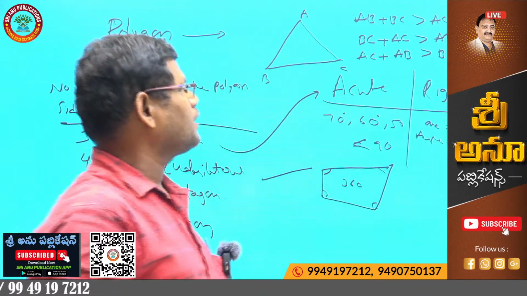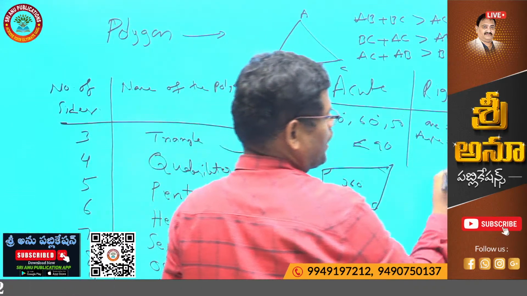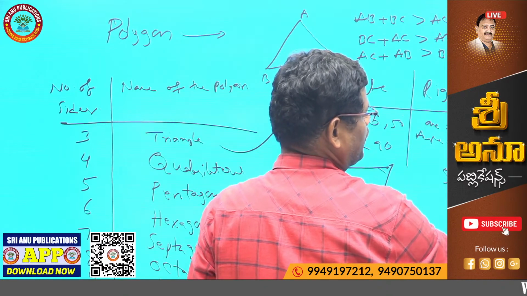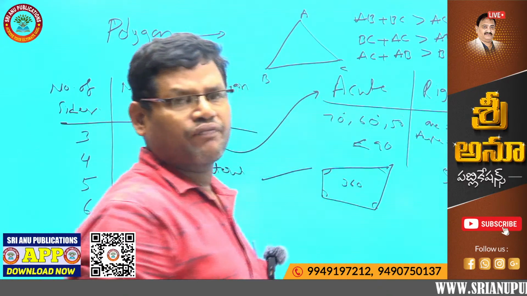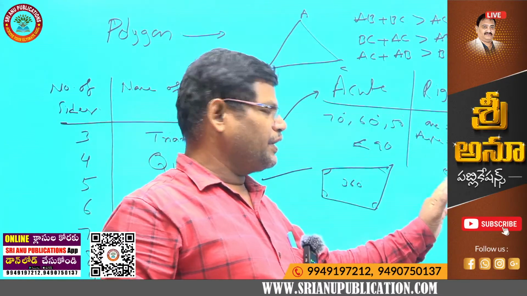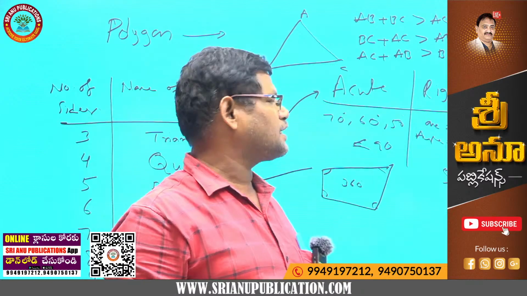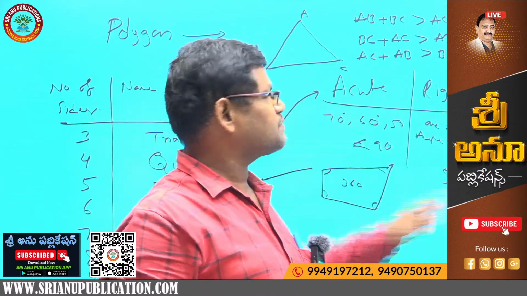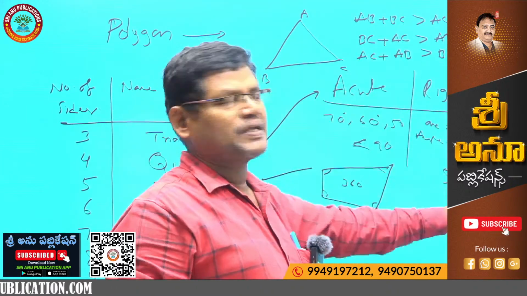So we will take 5, 5 and 10. Here, any two sides are equal, so you can say it is an isosceles triangle. But here the condition will not be satisfied.